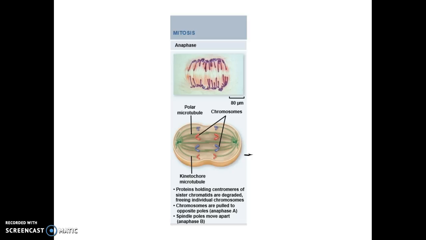Ideally, half goes to the right side of the cell, half goes to the left side. The halves move to opposite sides of the cell. Doesn't matter if they're going right and left, top to bottom, 45-degree angles each way. They're moving apart from each other.